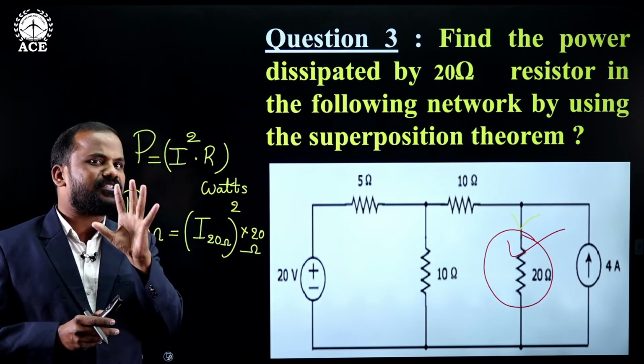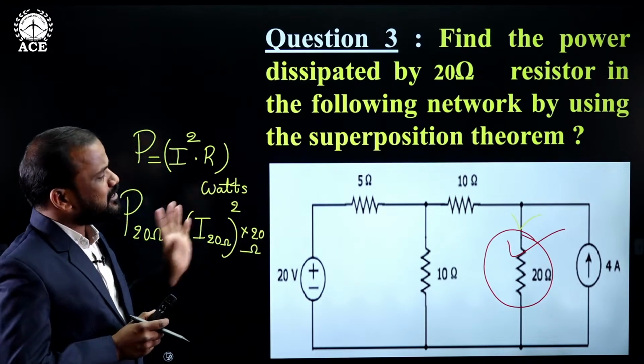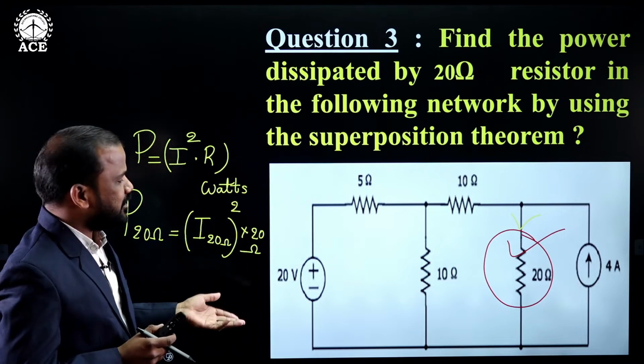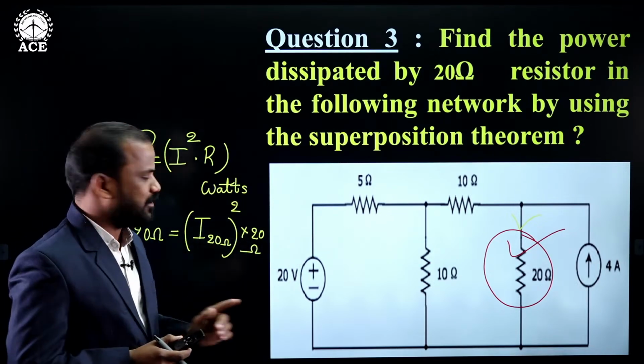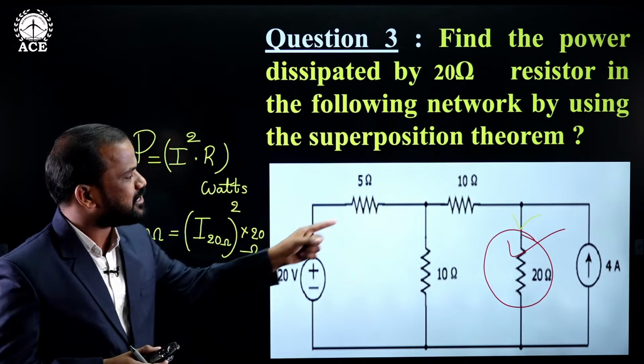Now whenever we go for the superposition theorem, first you have to observe one most important point. In the given network, we identified two individual sources: one is a voltage source, another is a current source.